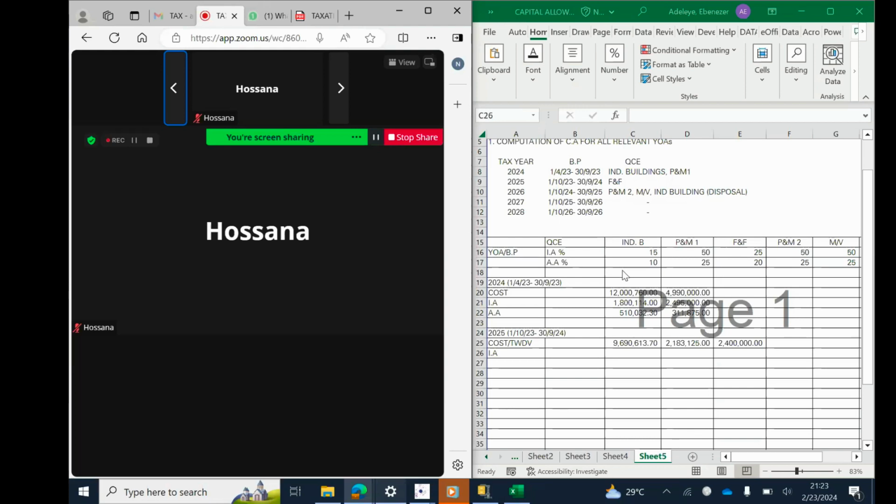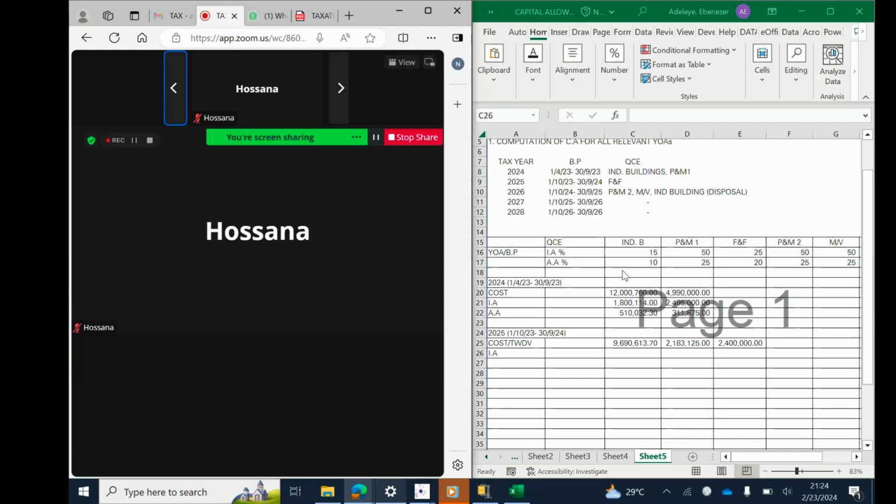So when computing for 2024, we computed initial allowance in full, 15% times the cost with no proration. For annual allowance, we said cost minus initial allowance divided by the useful life, times 6 over 12, which prorates for the 6 months it was used during the year. I hope that is clear.